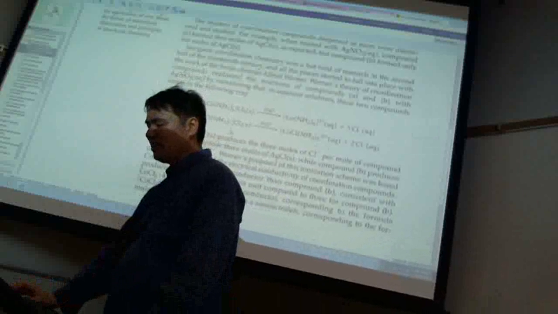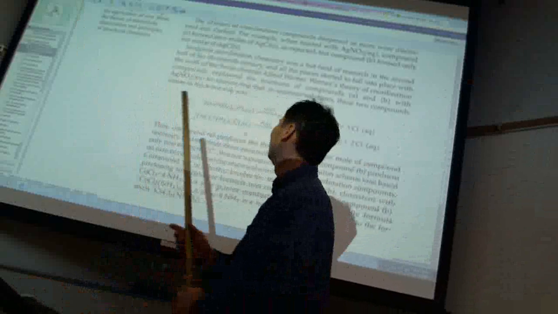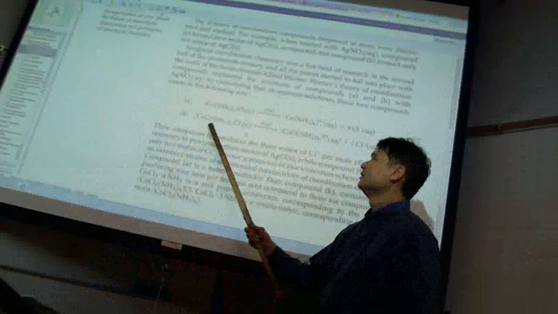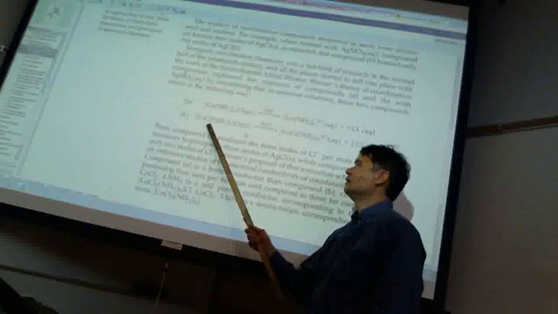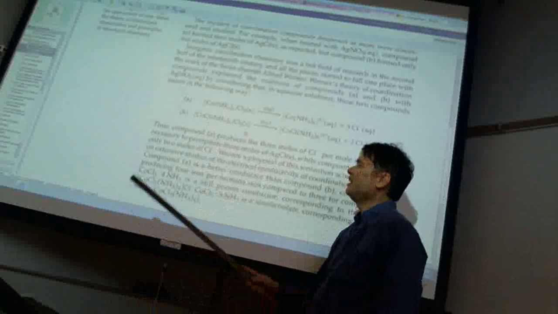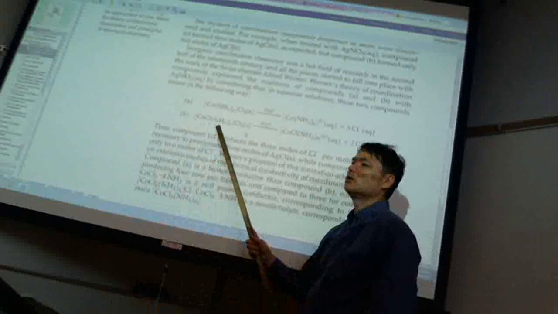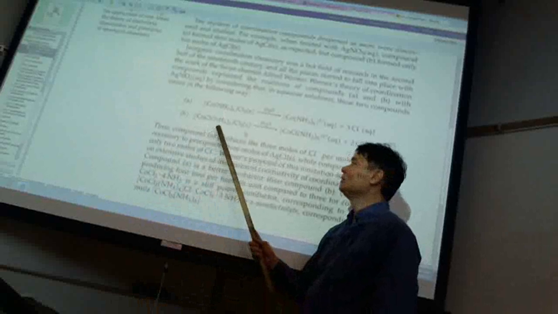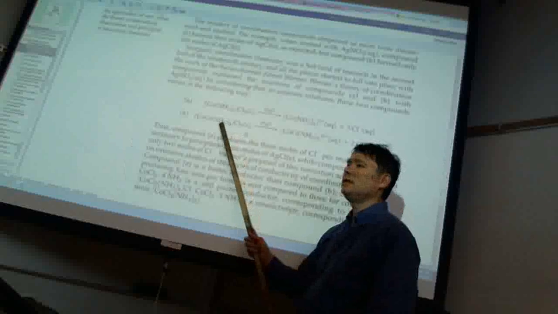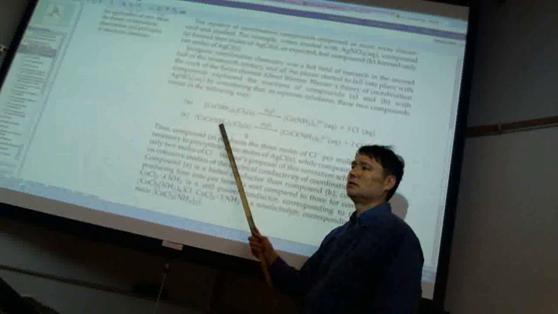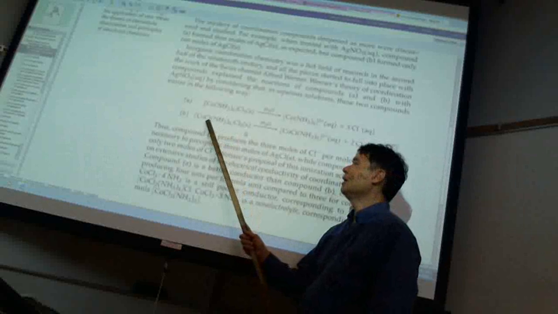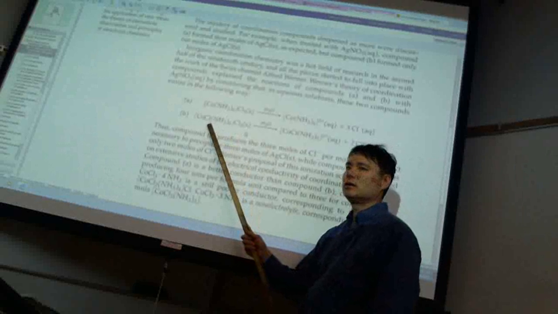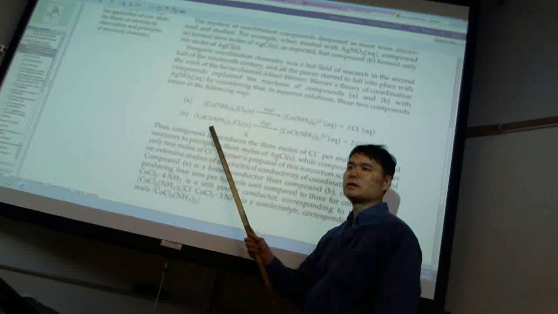Now, how do we name this? When we look at the cation, there are two different ligands. And so how we name these is just by alphabetical order according to the name. Here this is called pentaamine. Now rather than calling it chloride, we call it chloro when it's in a complex.